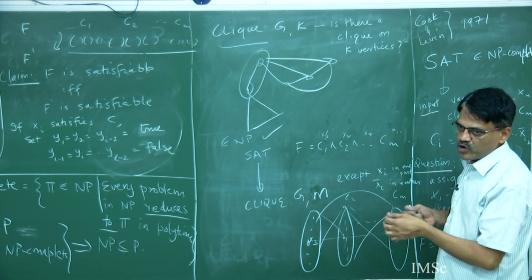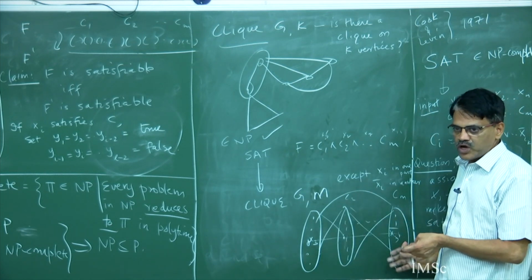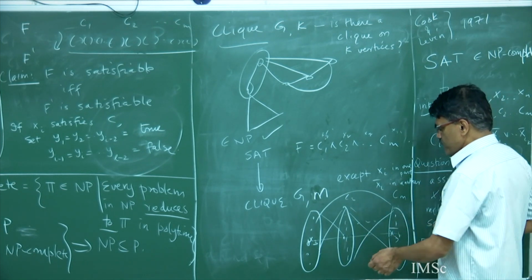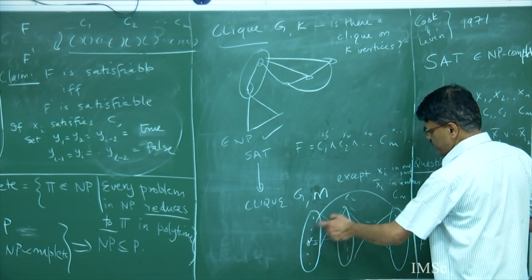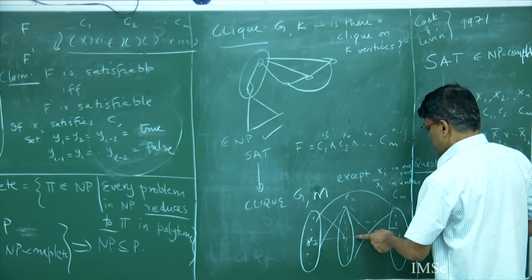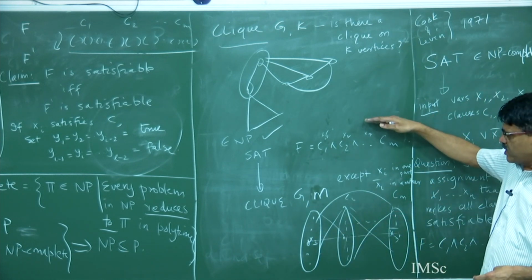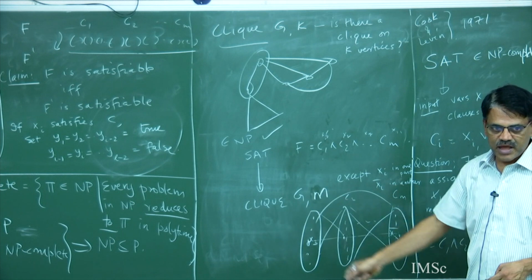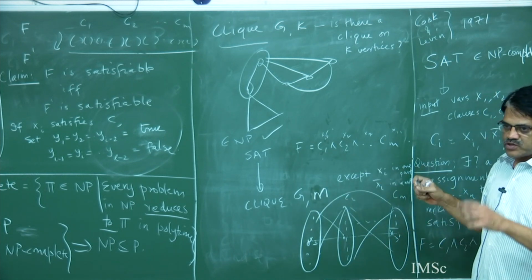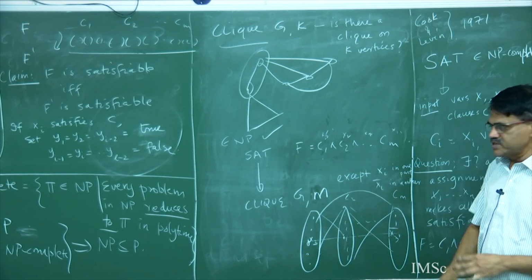These are the things that should go in your mind. How I want satisfying assignments to correspond to cliques. So, if you pick a vertex here, vertex here, vertex here, when will it not correspond to a satisfying assignment? If x3 and x3 bar. So, do not add those edges in the graph. So, given a formula f, I construct the following graph, which is an M-partite graph, except it does not have these edges, where one part is xi, other part is xi bar. Do not add those edges, that is my G.